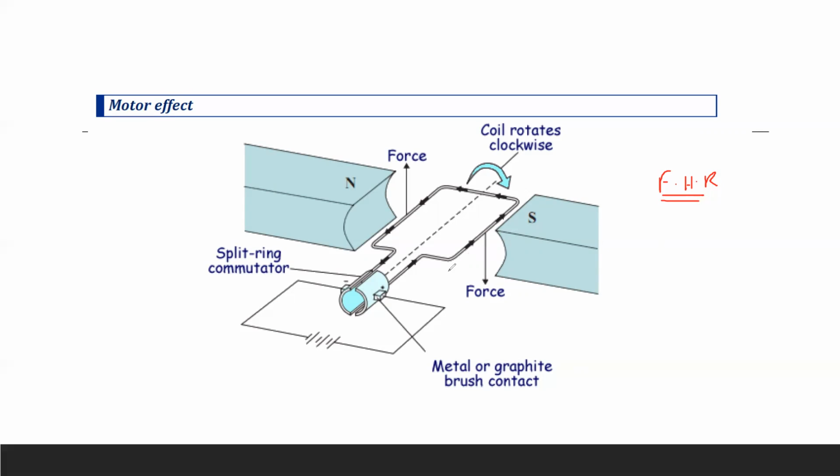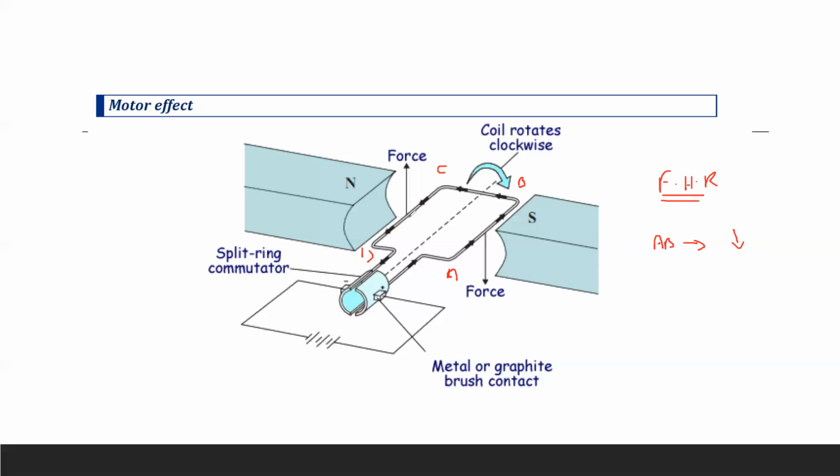If I label these sides A, B, C and D, the current is passing from A to B. So for side AB, when we calculate, the force will be down. For sides BC or DA, because they are parallel or anti-parallel to the magnetic field, not cutting the magnetic field, they will not experience any force.